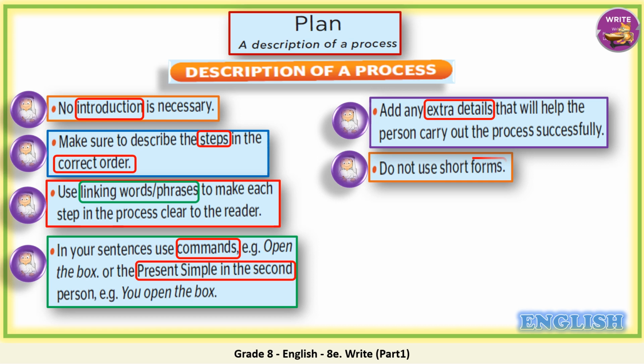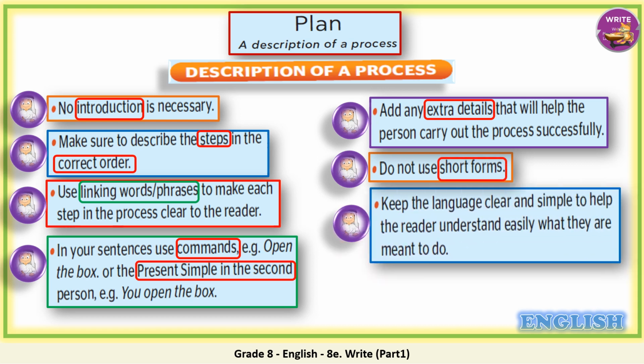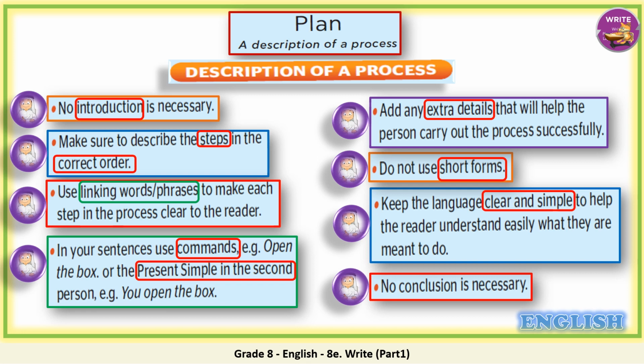Don't use short forms. And keep the language clear and simple. Why? To help the reader understand easily what they are meant to do. And finally, no conclusion is necessary. You don't need to write a conclusion.